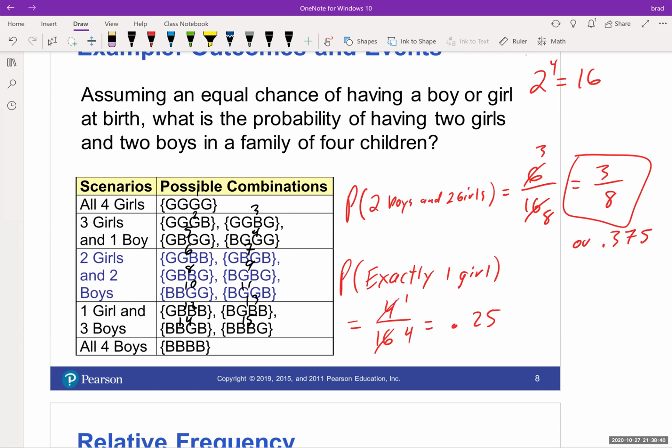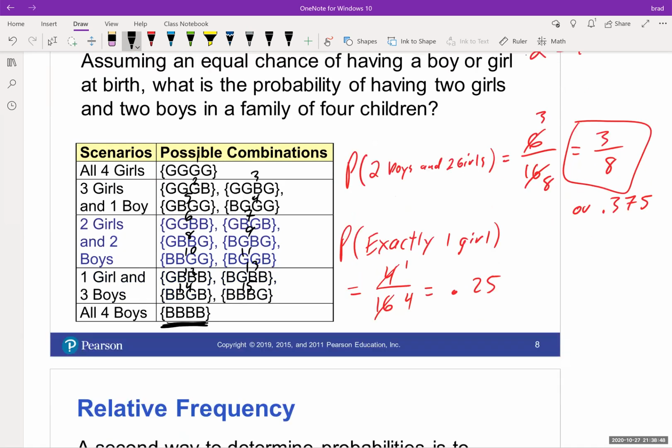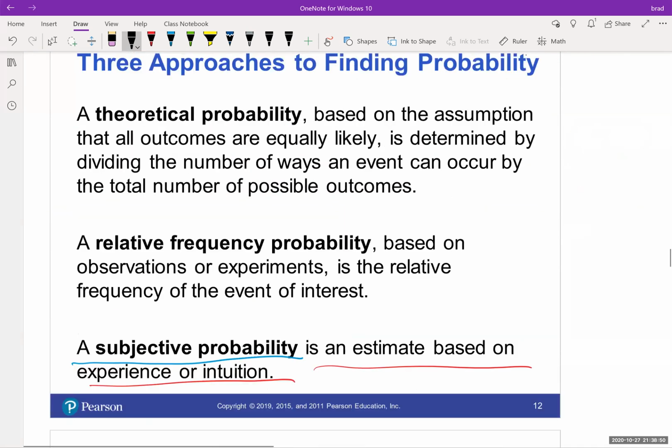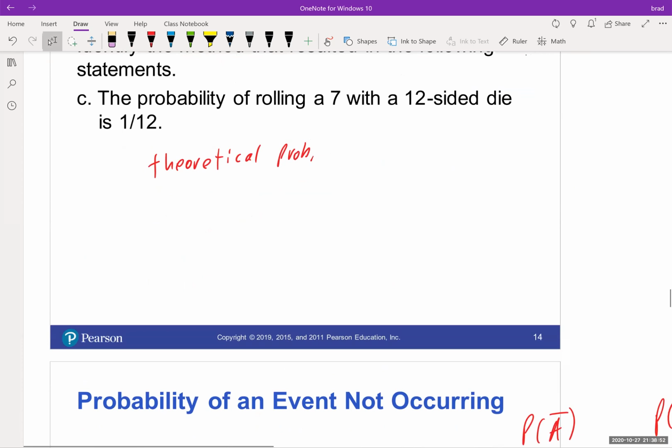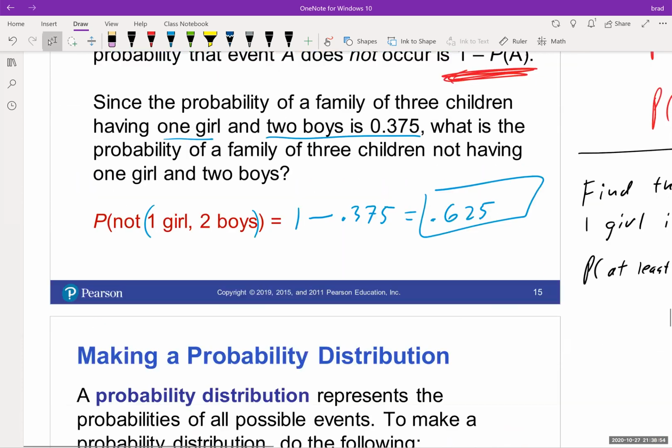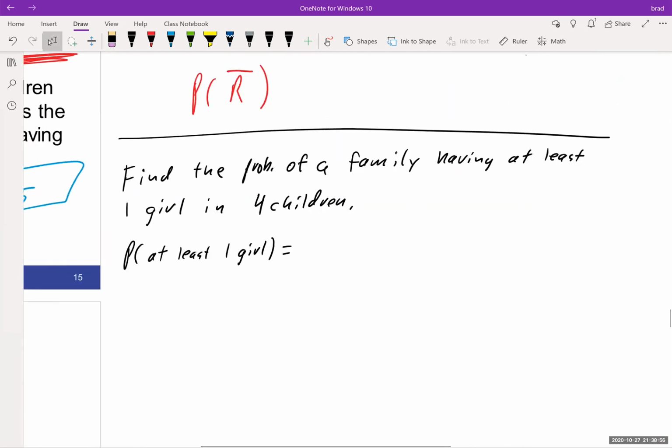So this bottom one right here is the only one that does not have 1 girl, right? So that means that out of the 16 total outcomes or possibilities, 15 of them had at least 1 girl out of the 16 total. Okay, so that would be that.